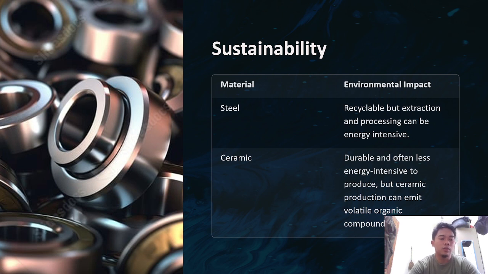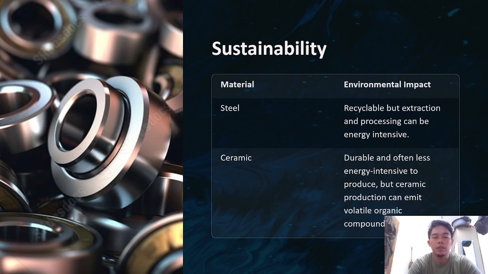So let's move on to the sustainability of a ball bearing. So sustainability, we have the steel and ceramic. So first one is the steel. So steel is recyclable, but extraction and processing can be energy intensive. So ito daw, yung steel daw is recyclable siya.